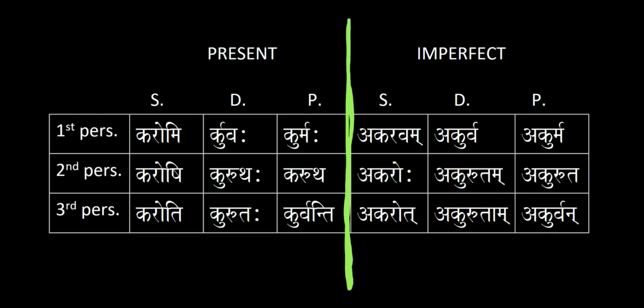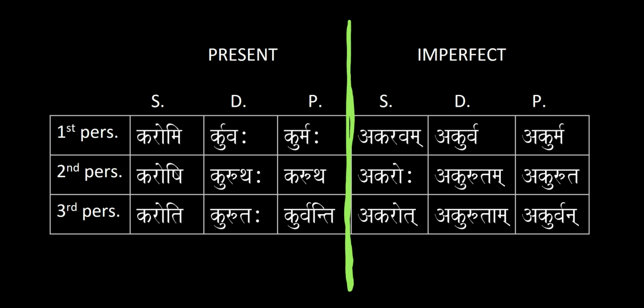So we have the present tense and we have the imperfect tense. The present tense, first person singular, would be I do. And then first person singular in the imperfect tense, remember this is past tense, so this would be more like I did. Okay? Just as a reminder of the difference between the present tense and the imperfect tense, which in other words is past tense.